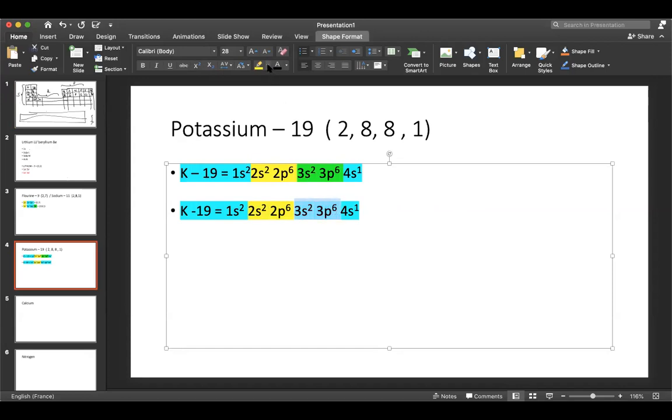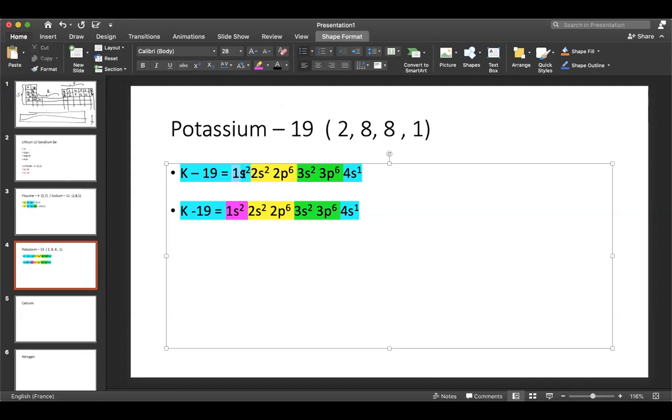Is it clear for everyone? Yes, it's clear, the periodic table and the other method.